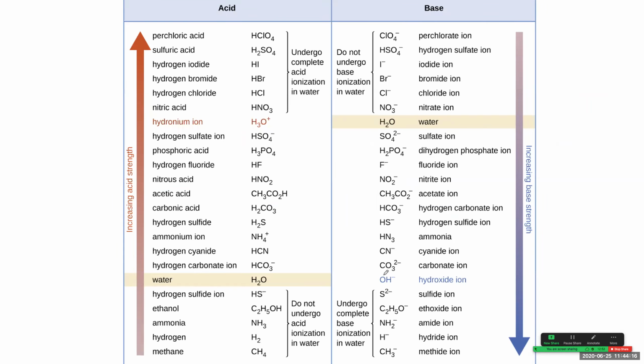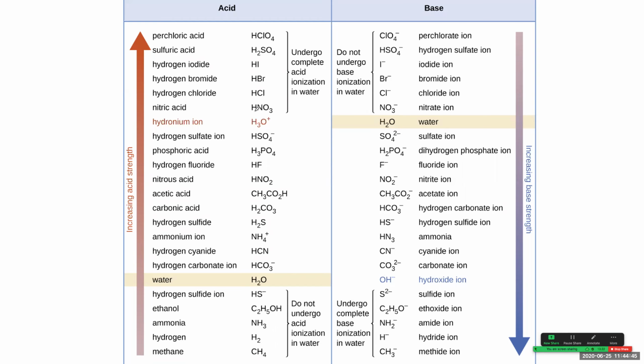Here's another table showing the strength of acids. At the top of this table, on the left side are the acids and the right side are the bases. The very top of the left side has the 6 strong acids that we talked about previously. And then hydronium ion. Hydronium ion is a strong acid, but it's not as strong as these other acids above it.